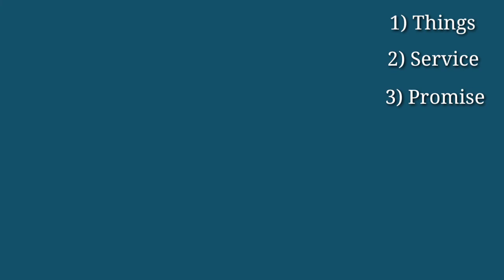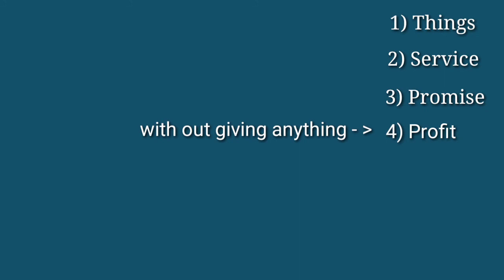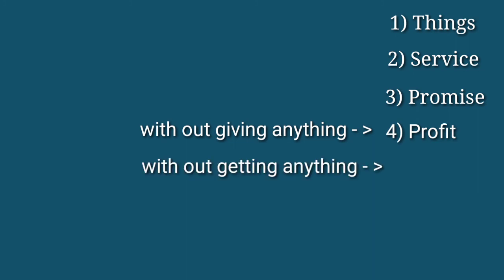If we receive anything without giving any amount or any promise or any service, that is our profit. Or if we give anything to anybody without getting any things or service, then that is our loss. This is the last situation.